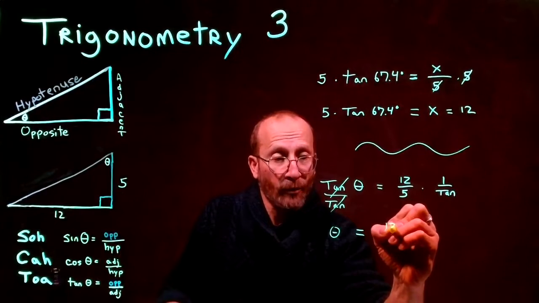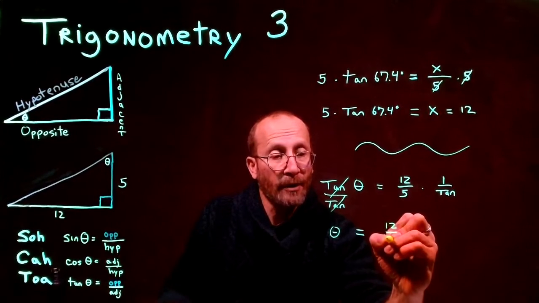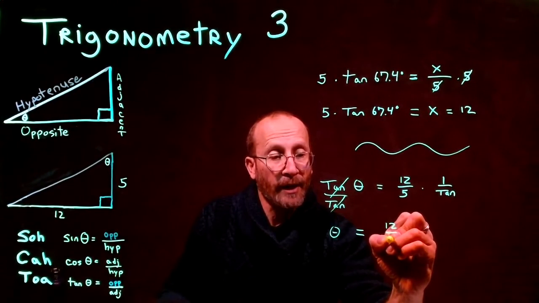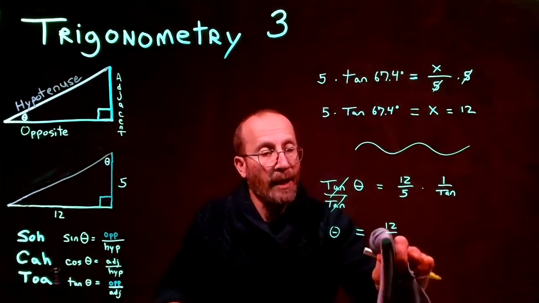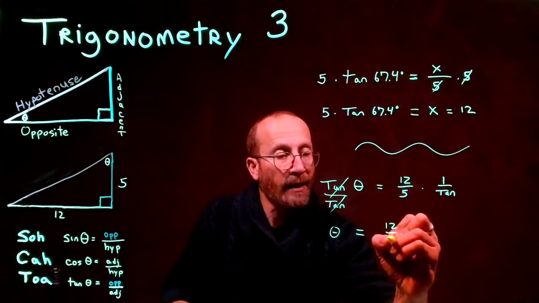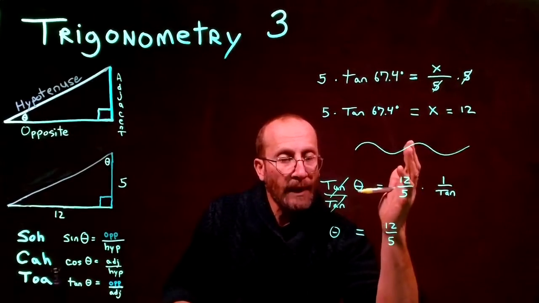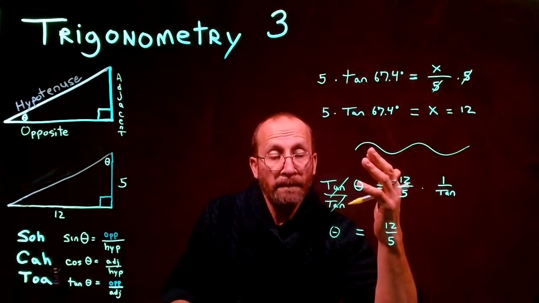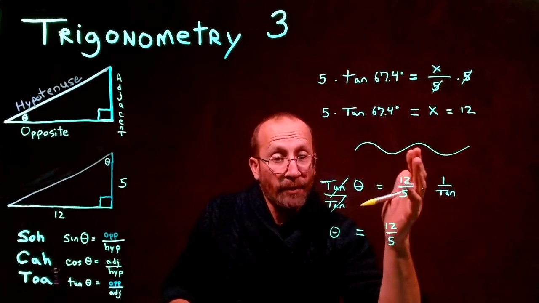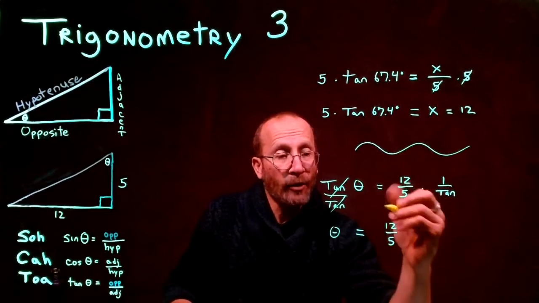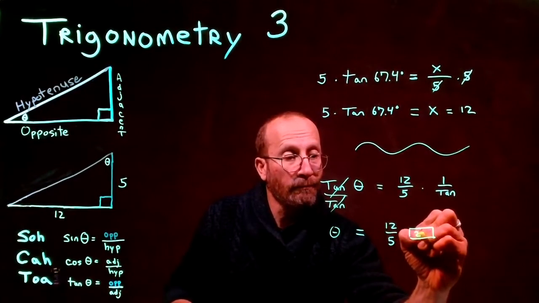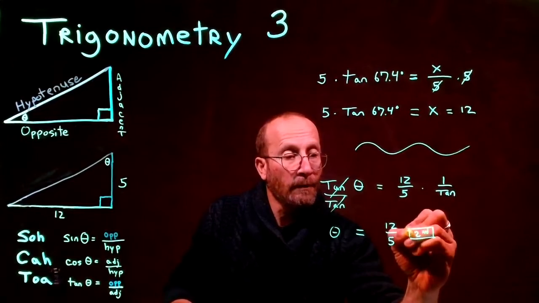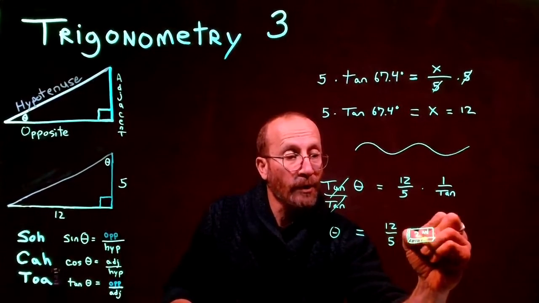So to do that, if you remember, you're going to put this simple division problem into your calculator. 12 divided by 5 will give you a number, 2 point something. And then you're going to press the second tangent button, which is just a button.